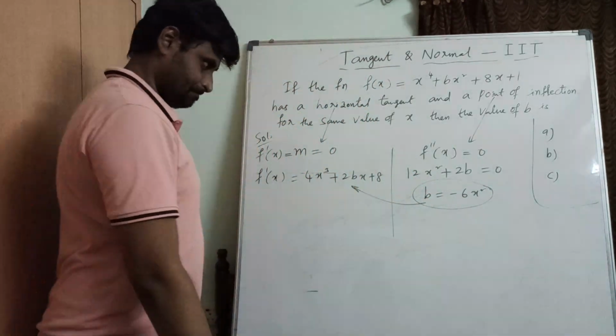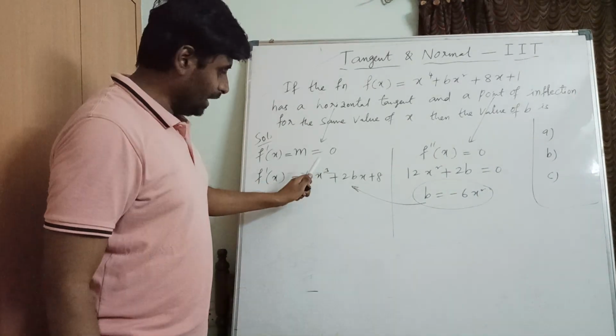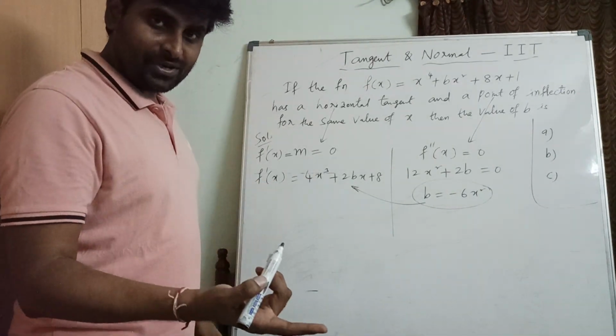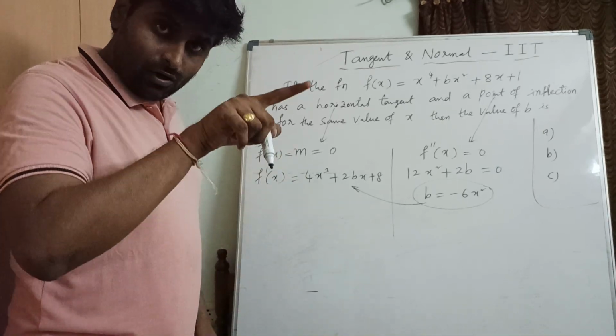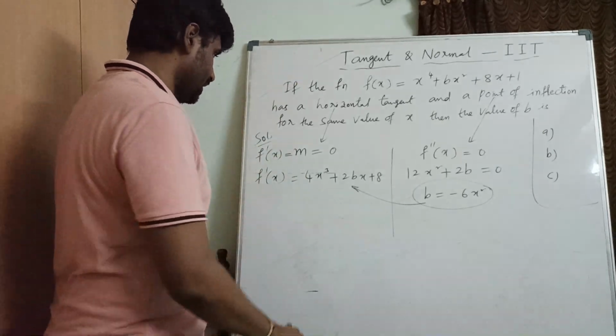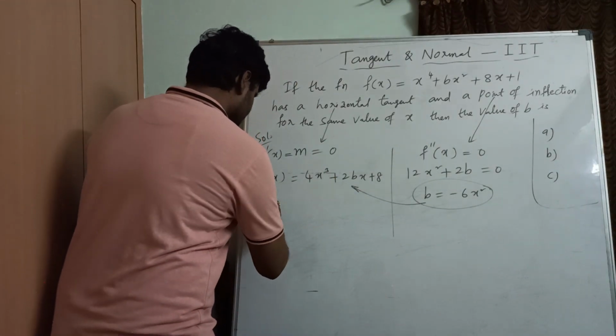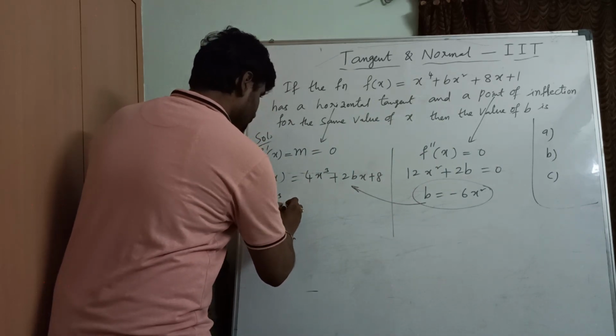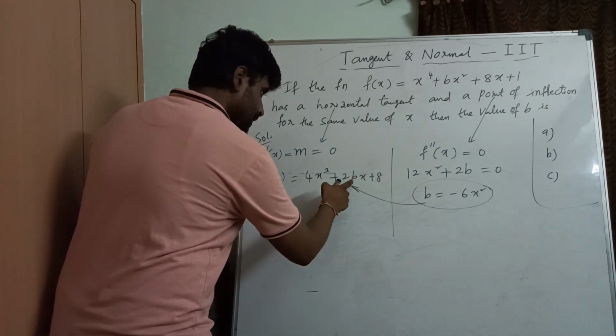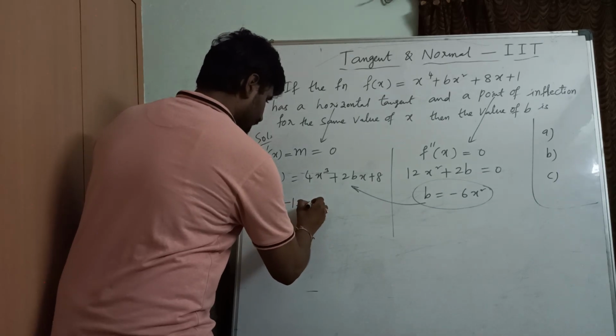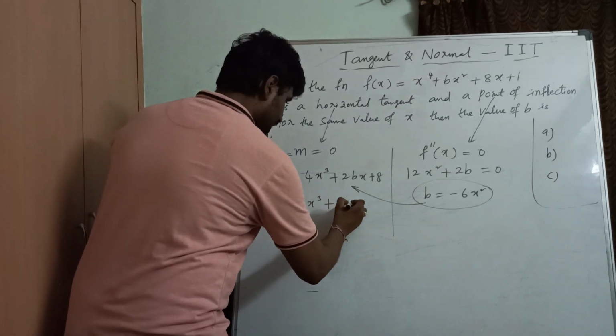We can substitute here and equate to 0. Why do we need to equate to 0? Because slope is 0, so tangent is a horizontal line. So now put b value minus 6x square: 4x cube, in place of b, minus 12x cube plus 8 equals 0.